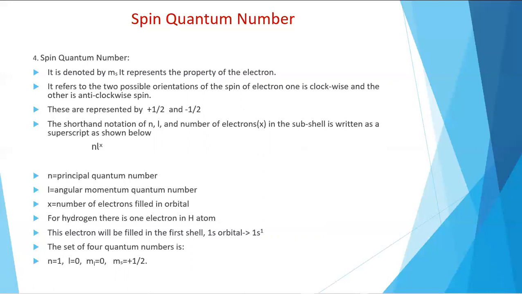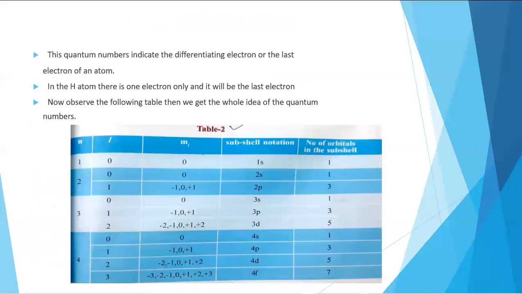So these 4 quantum numbers give an idea of the exact position of the electron with respect to the nucleus. These quantum numbers indicate the differentiating electron, or the last electron, of an atom. In the hydrogen atom there is only one electron and it will be the last electron. Now observe the following table, then we get the whole idea of the quantum numbers.